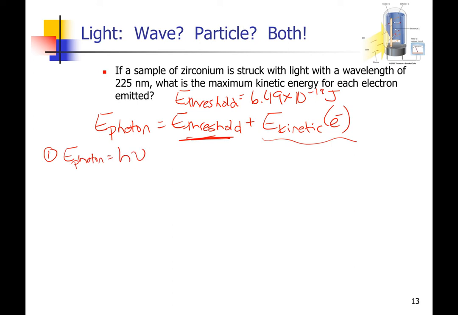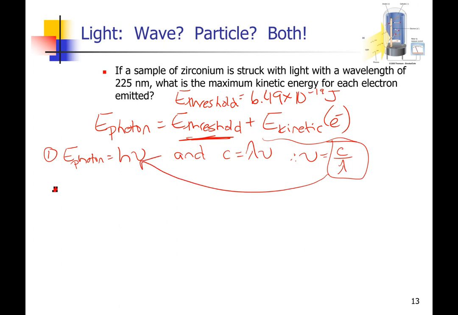So we also know that the speed of light is equal to the wavelength times the frequency, and therefore the frequency is equal to the speed of light divided by the wavelength. And then we can take this over here and plug it in for frequency, and that gives us energy of our photon equal to hc over lambda.